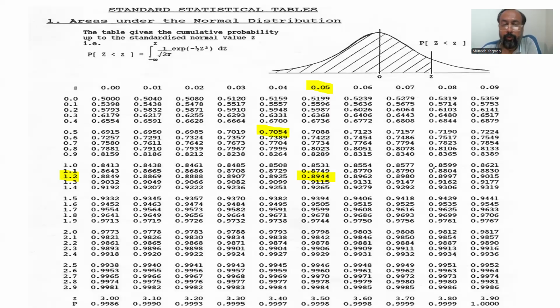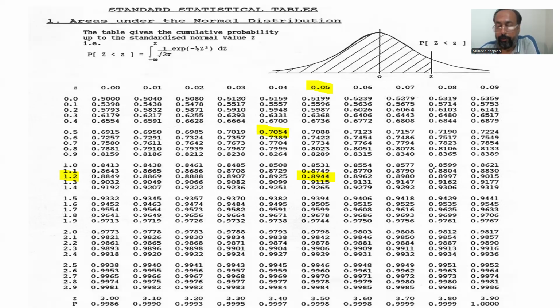Similarly, we calculated the number of probability 0.7056 as 0.54. What happened is that if you search in this table, you can see that I highlighted 0.7054, which was the closest probability to 0.7056.